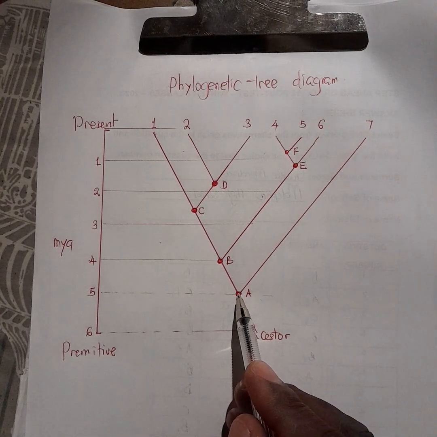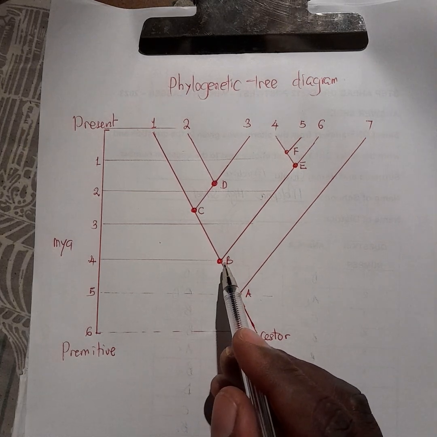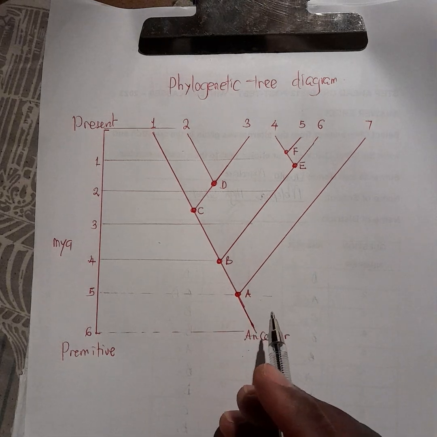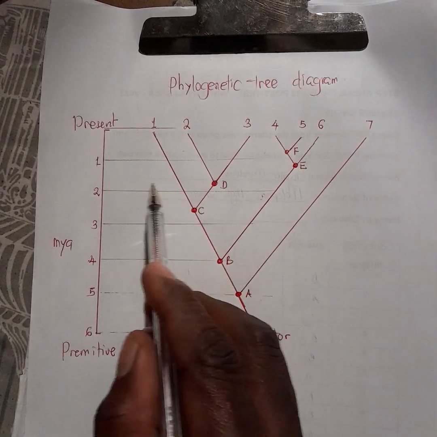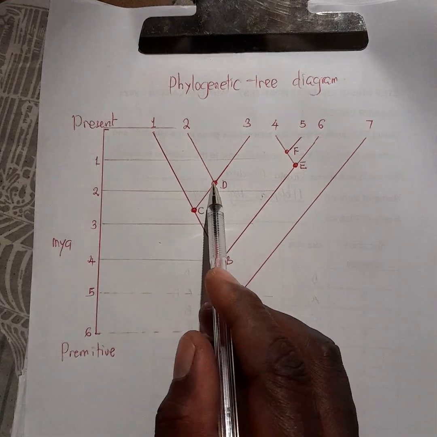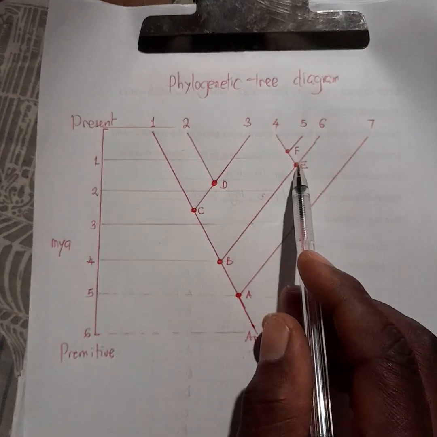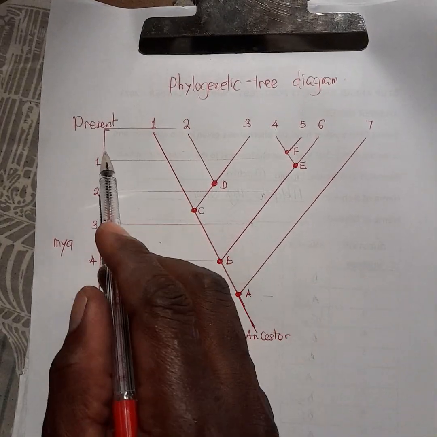Now, as I've indicated, as you move up, it means we are moving to the most recent. So who is the most recent? Certainly, if you draw the lines that join each common ancestor to the geological timeline, you discover that F is the most recent.